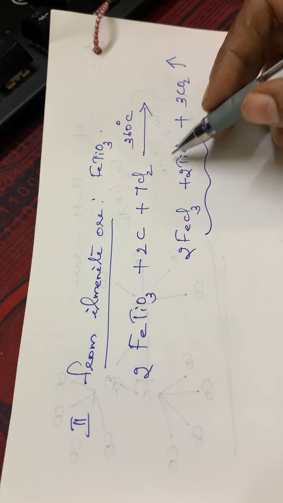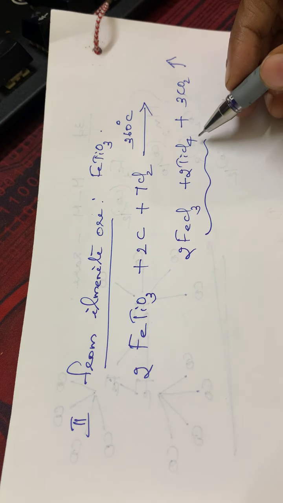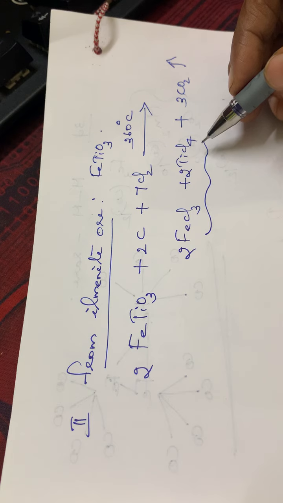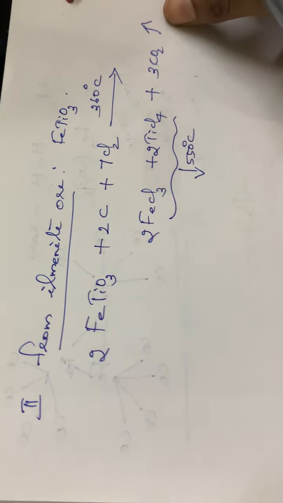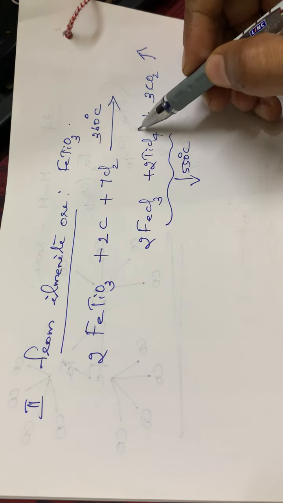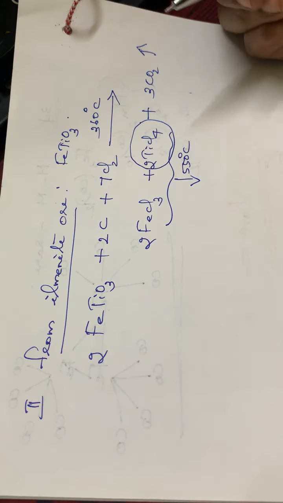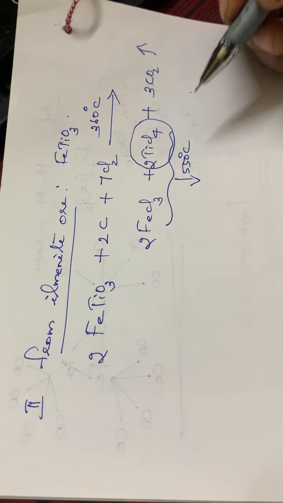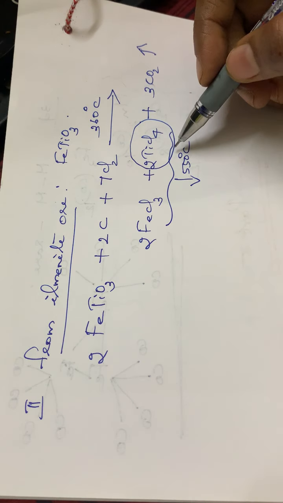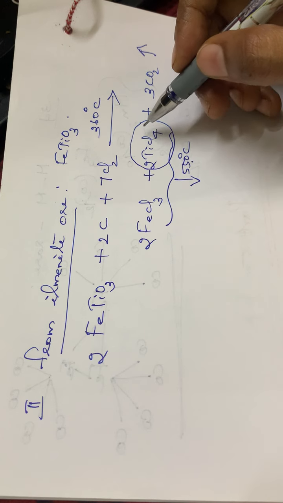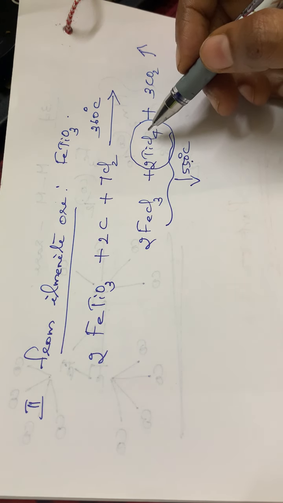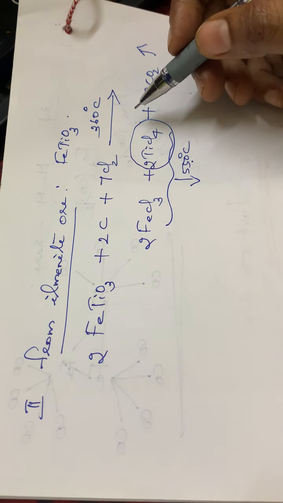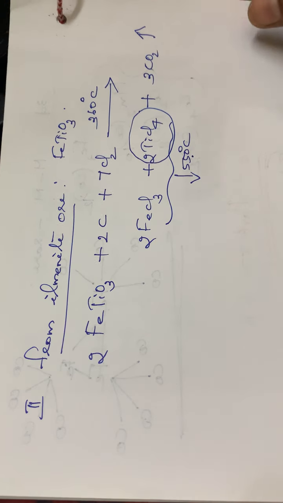So we obtain this mixture of FeCl3 and TiCl4, and when this mass is heated up to 550 degrees Celsius, the volatile TiCl4 distills over and is collected. TiCl4 is volatile in nature, so titanium tetrachloride distills over and we can collect it.